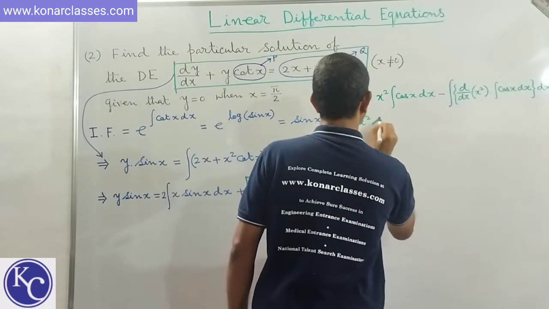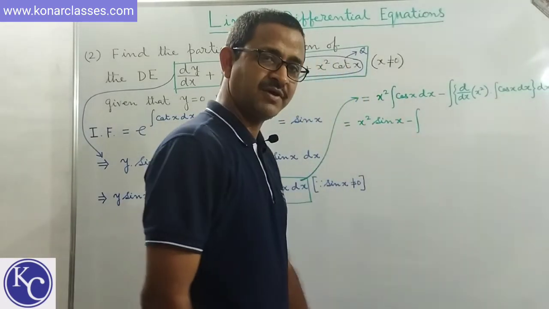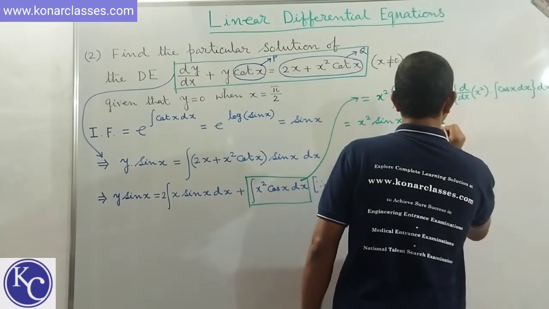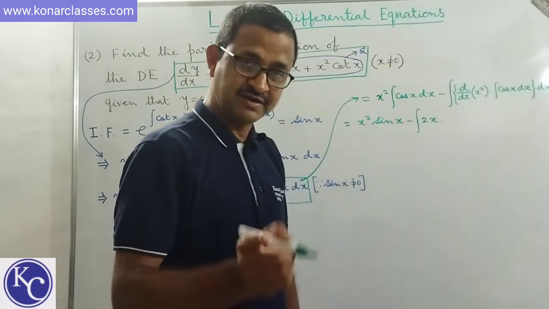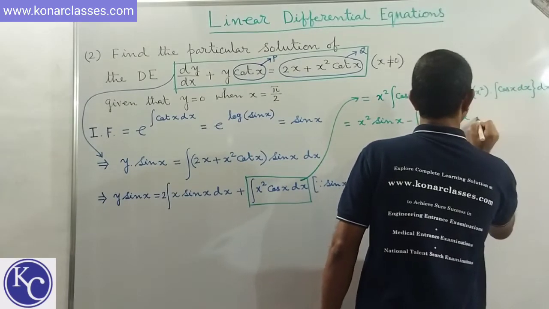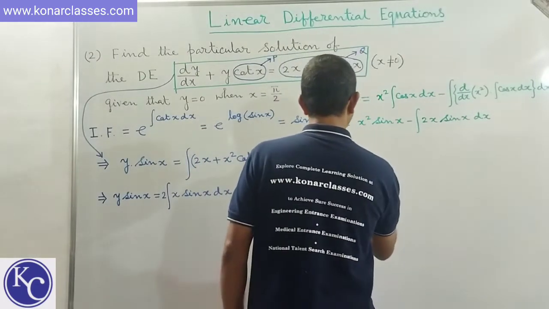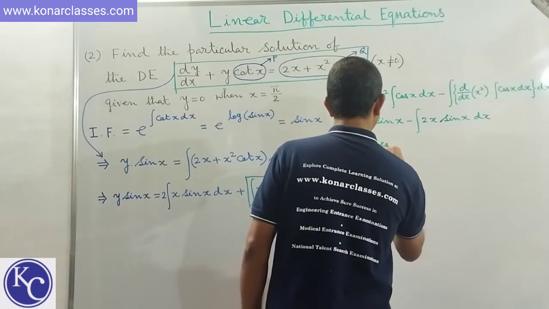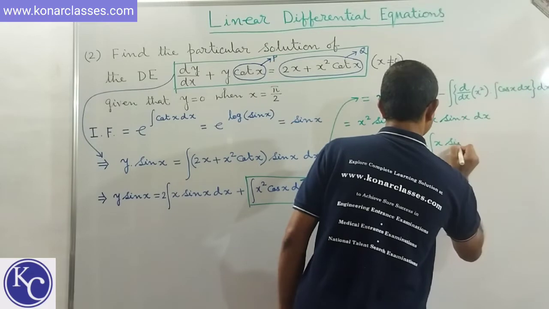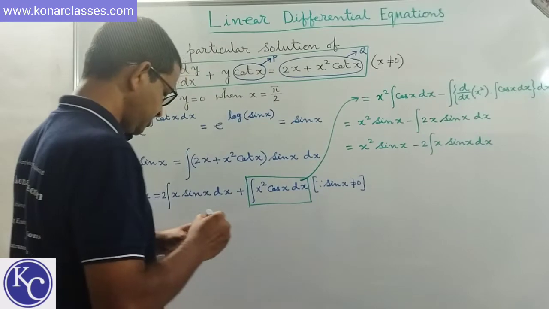We get x square sin x minus integration of d/dx of x square, that is 2x, into the integration of cos x dx, which is sin x, dx. So this is equal to x square sin x minus 2 into integration x sin x dx, because 2 we can take outside of the integration as it is a constant.